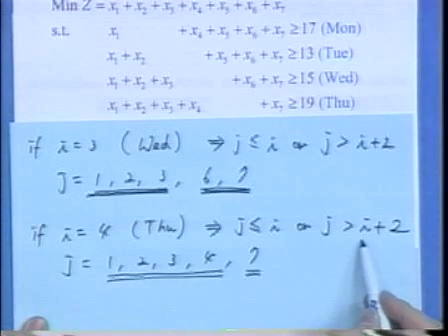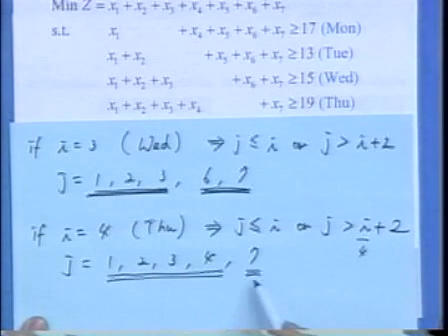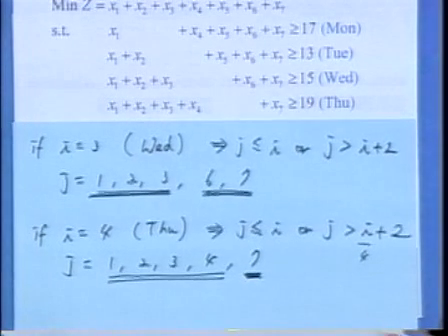Because in this case, I is 4, so j should be greater than 6, which is only 7 is available. Because both I and j can take the values of 1, 2, 3, 4, 5, 6, 7. Only 7 values are available, right?